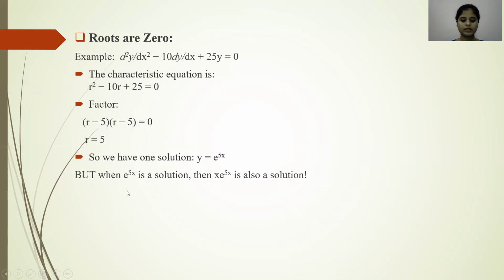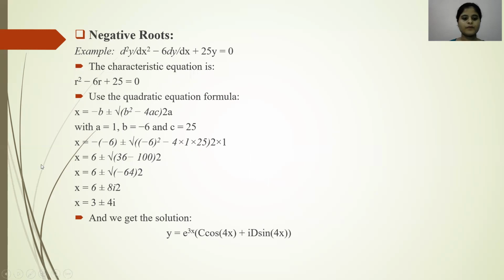But when e to the power 5x is a solution, then x e to the power 5x is also a solution. Negative roots. In this case, we'll get complex roots. For example, by using the quadratic formula, we get the solution y is equal to e to the power 3x into (c cos 4x plus i d sin 4x).